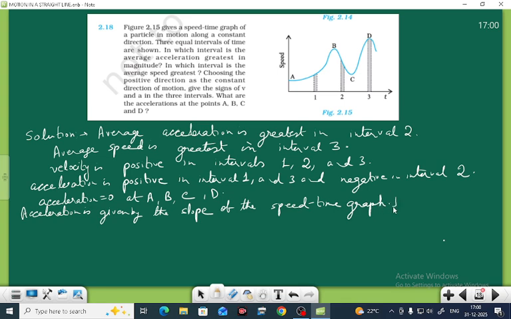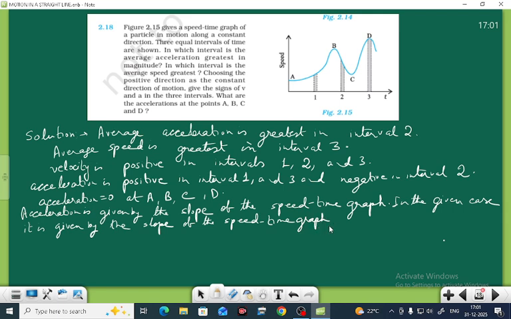In the given case, it is given by the slope of the speed-time graph within the given interval of time.